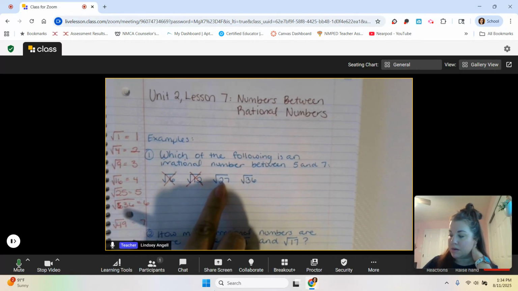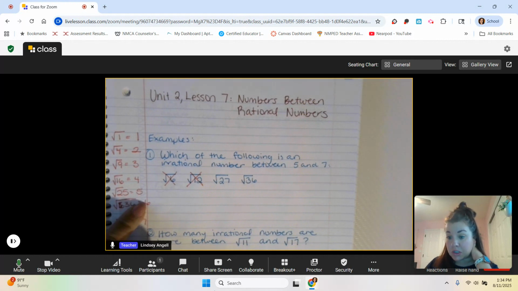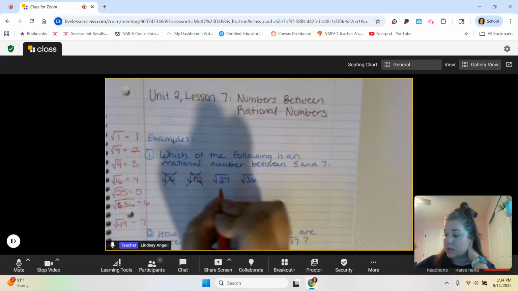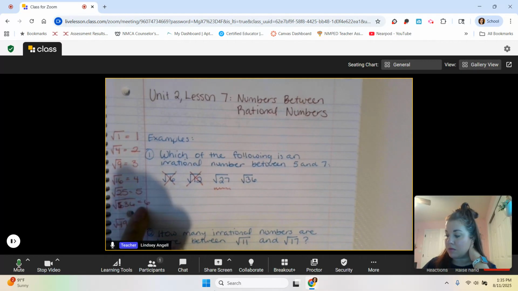Okay, square root of 27, well, that's right in between there, right? Because it's higher than 25, lower than 36. And that's between 5 and 6, which is also between 5 and 7. So this one could be a good answer. But let's check the last one too. Square root of 36, that one's a perfect square, okay?